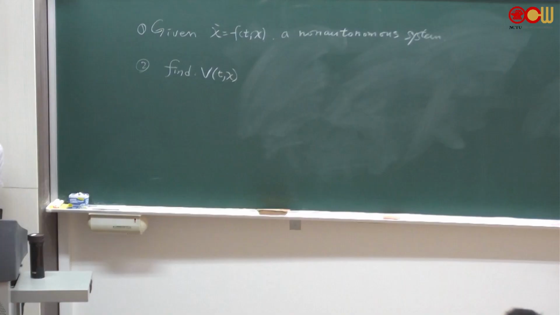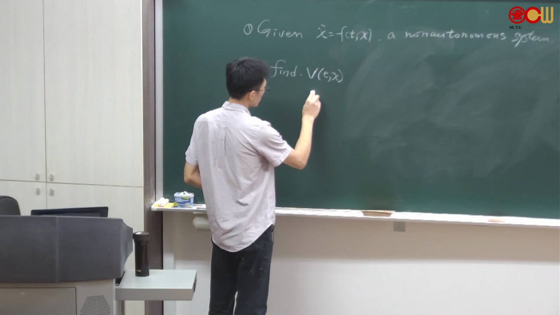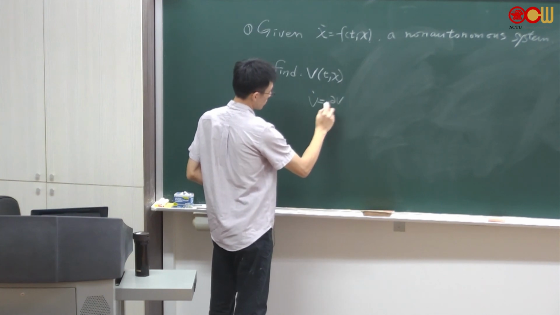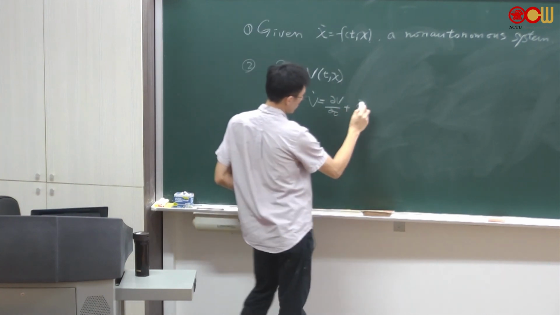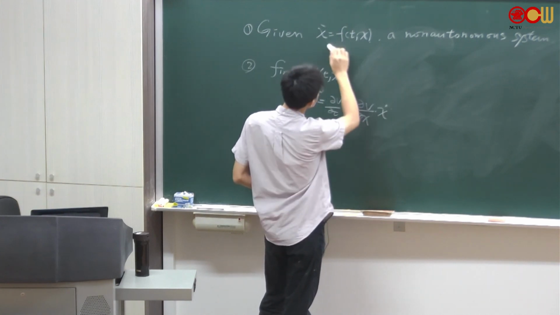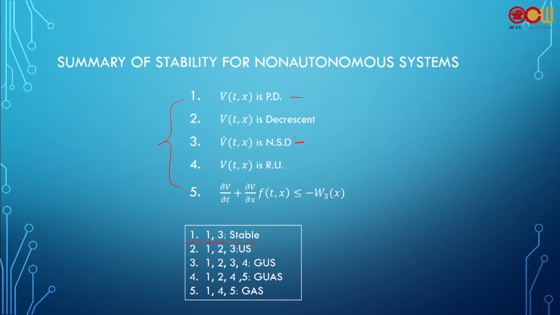The relation between V dot and V is the directional gradient. If you can find a V that is PD, and this V dot, obtained by substituting the dynamics, is PSD, then we say this non-autonomous system is stable.